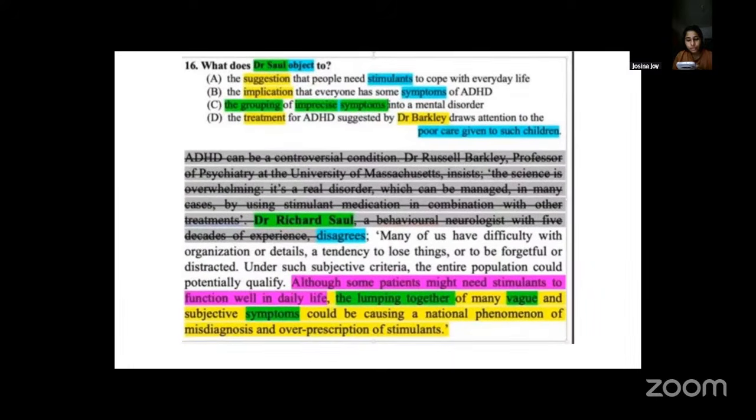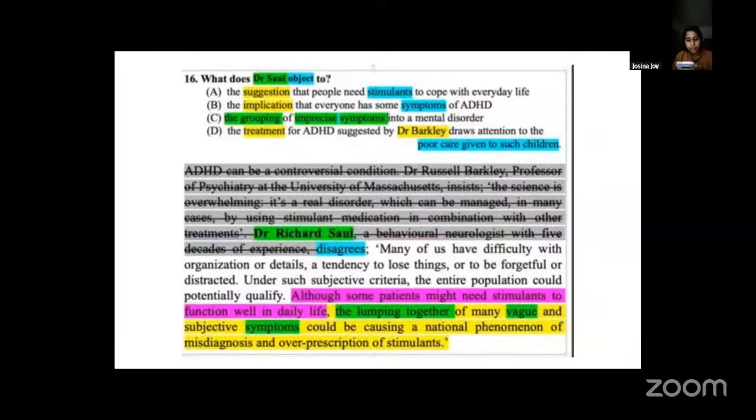So according to further strategy, if there is a name in the question stem, immediately we have to go to that name in the particular paragraph. So we have to search for Dr. Saul in the paragraph. So here we can see Dr. Richard Saul, a behavioral neurologist with 5 decades of experience, disagrees.